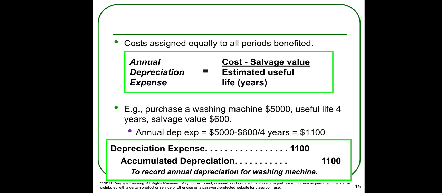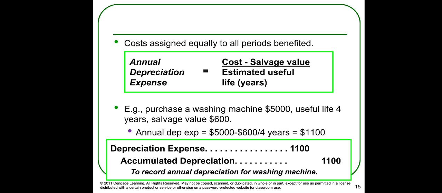So how to do the adjusting entry for depreciation for machine B? The adjusting entry is like this. Debit depreciation expense 2,000, credit accumulated depreciation for machine B.